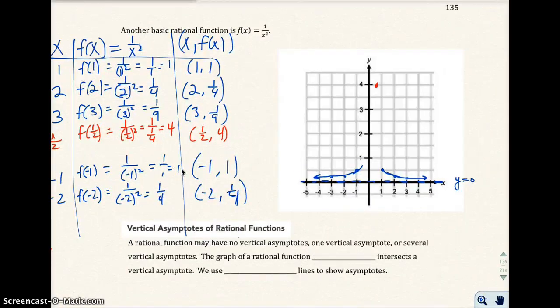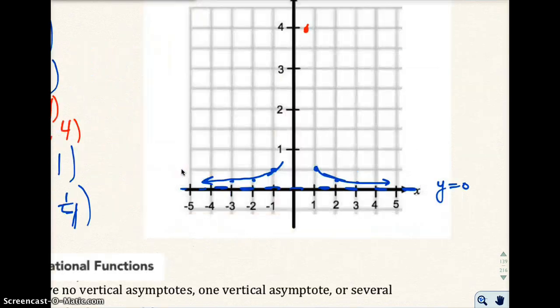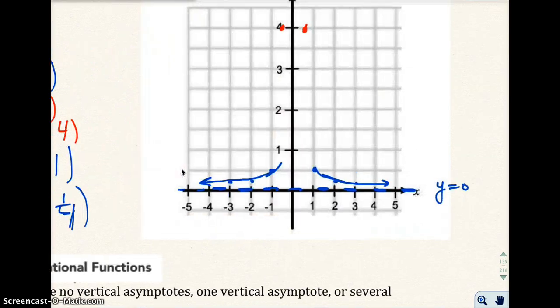Likewise, if I did negative 1/2, f of negative 1/2 would equal 1 over negative 1/2 squared, which is 1 over 1/4, which is 4. If I get negative 1/2, I get 4. If I continue this graph, it would look like this.